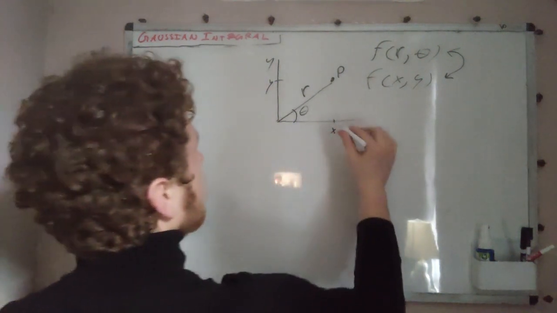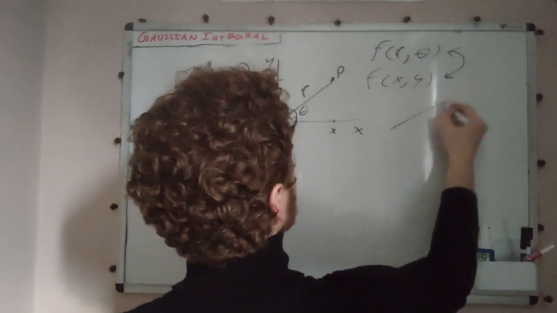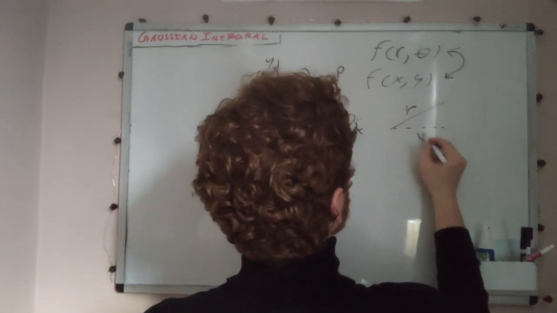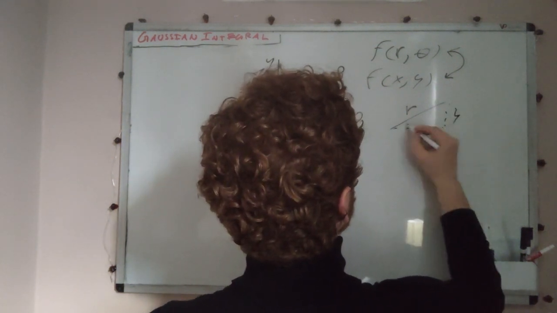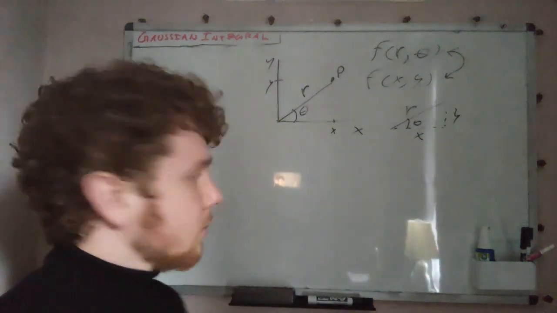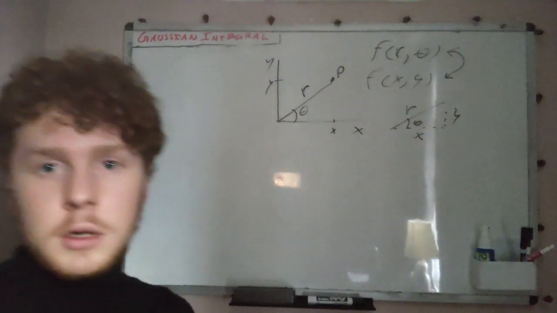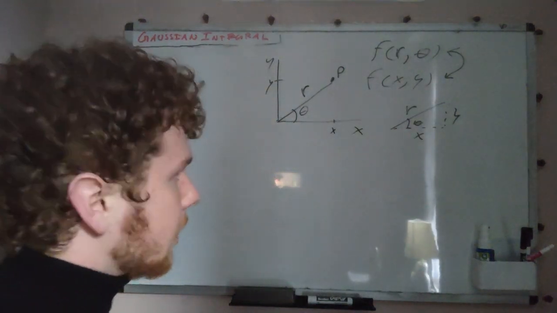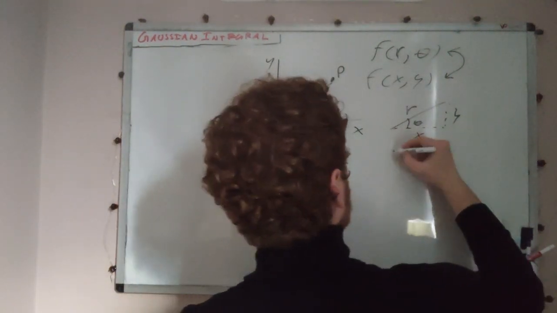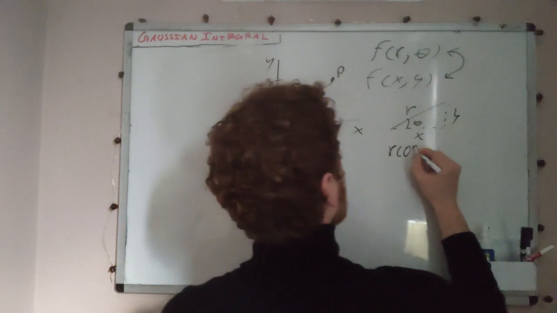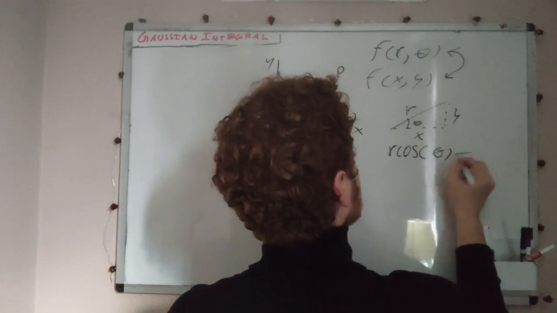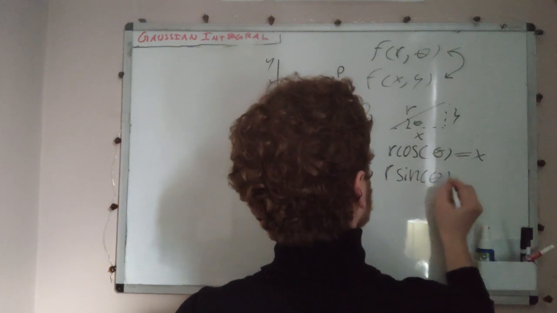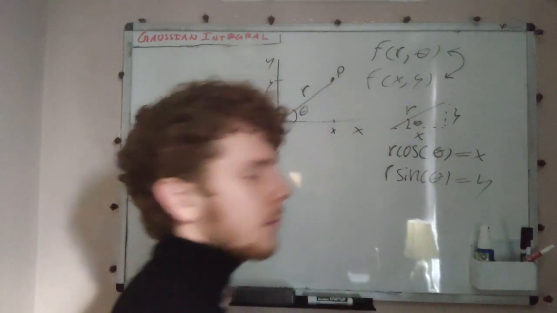I'm going to put it over here. So we have the length r, x, and y, theta. Now you can use very traditional trig to solve x and y in terms of r and theta. So of course, r times the cosine of theta is equal to x, and r times the sine of theta is equal to y.